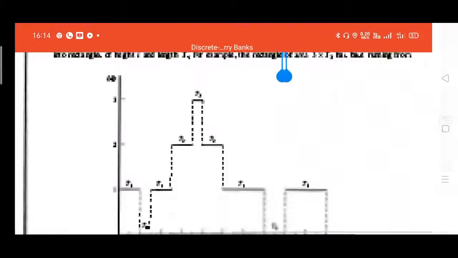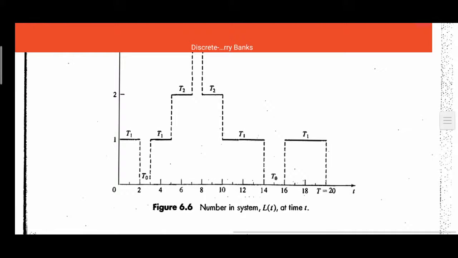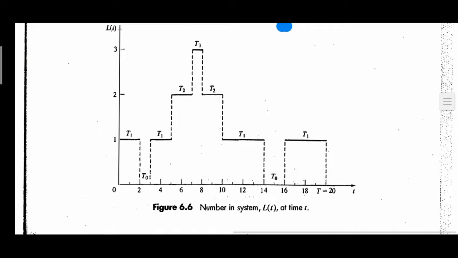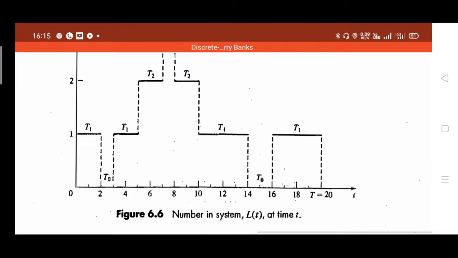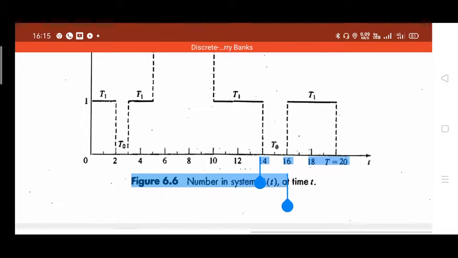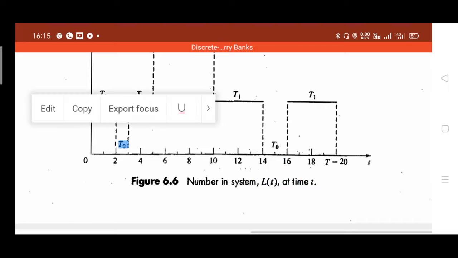We'll calculate it. T0 is 3 because T0 is observed between 14 and 16 minutes. What is the length? 14 and 16, length is 2. Again it is observed between 2 and 3. Observe carefully, in between 2 and 3 T0 is observed.